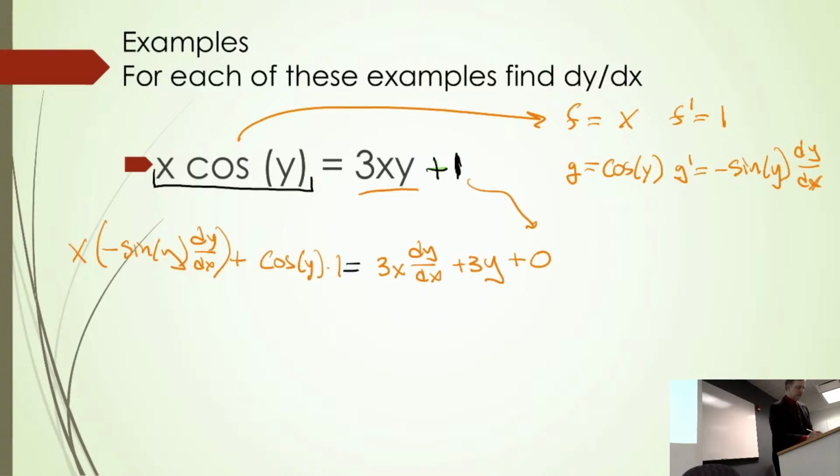Okay, let's solve for dy over dx. First thing I'm going to do is move all the dy over dx's to the right side, mainly because I noticed that this is negative. You could do it the other way, it's fine. So I'm going to put the cosine of y minus 3y on this side. On this side, I'll do this.